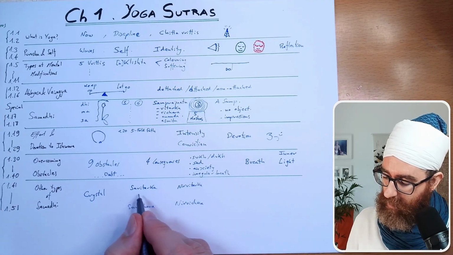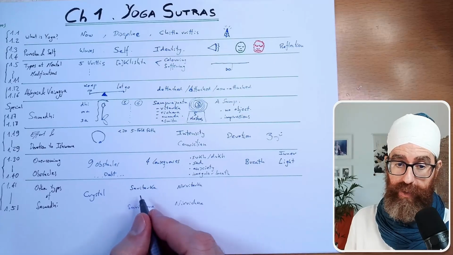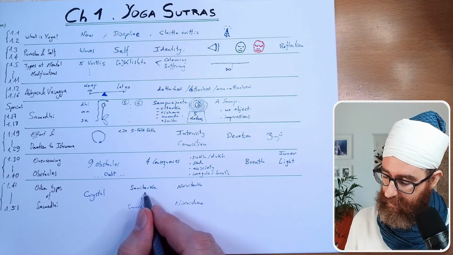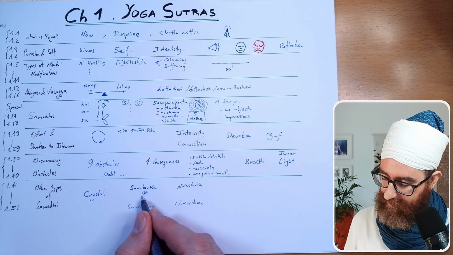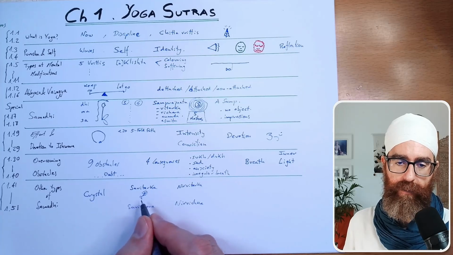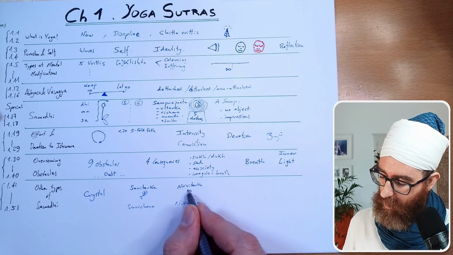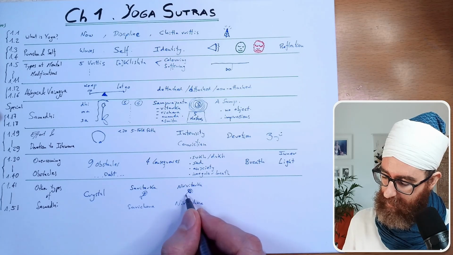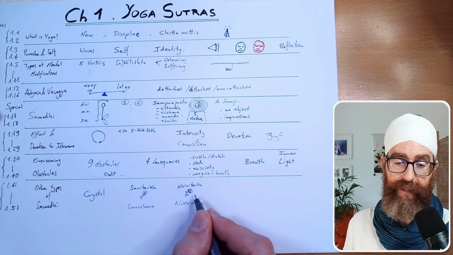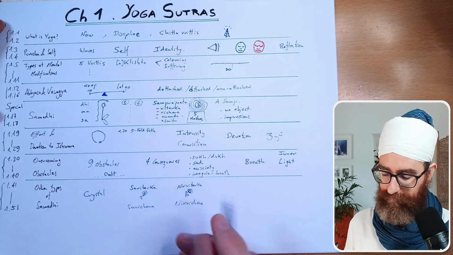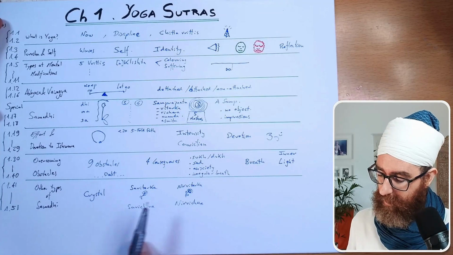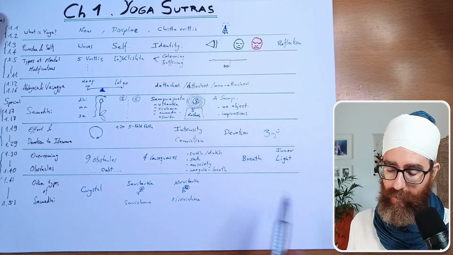Savitarka is focusing on a gross object with mental movements. So I'm looking at a flower, I'm thinking about the flower. Nirvitarka is focusing on the object, but no mental movement. So here, there is no thinking about the flower, I'm just perceiving the flower. Still, the flower is a gross object.